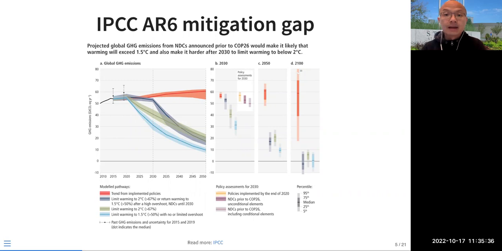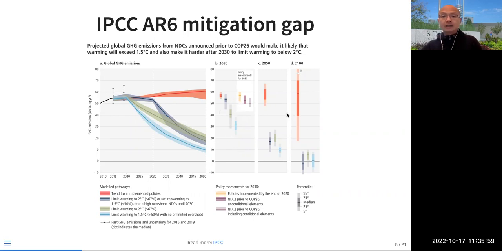And the policy assessment for 2030, as you can see here, we still have quite an emission gap that we need to close compared to the desired carbon emission pathways.